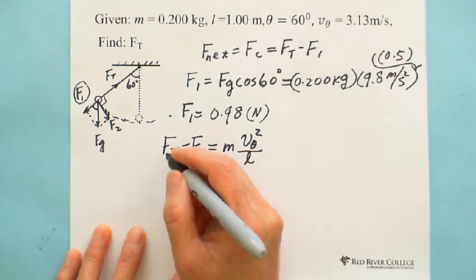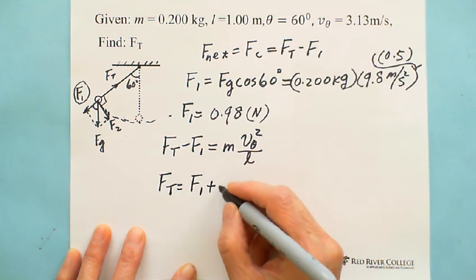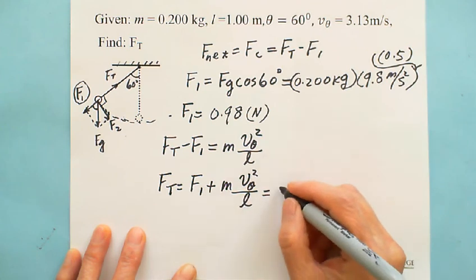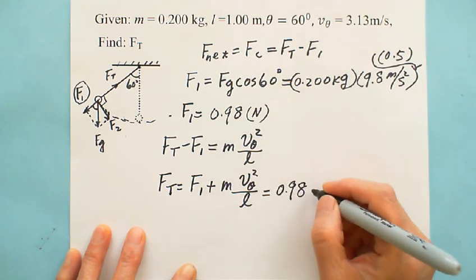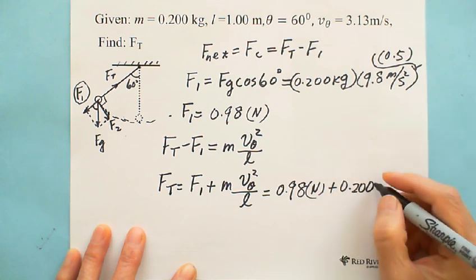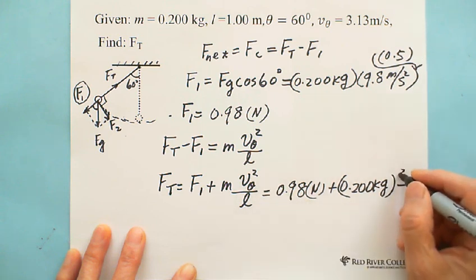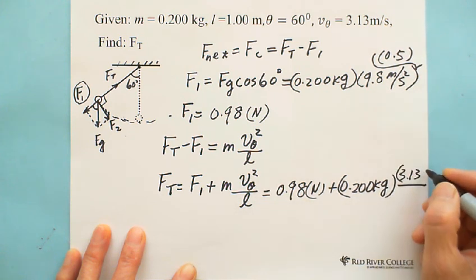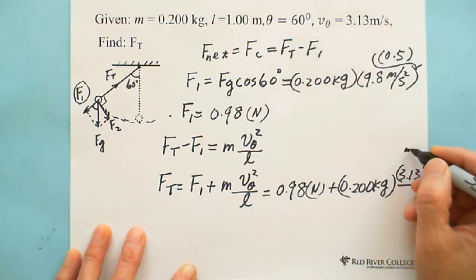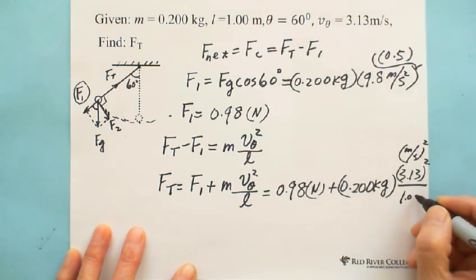We move F1 to the other side: Ft equals F1 plus mv squared over L. F1 is 0.98 Newton, plus 0.200 kilogram multiplied by v squared, 3.13 squared, which is meters per second, divided by 1.00 meter.